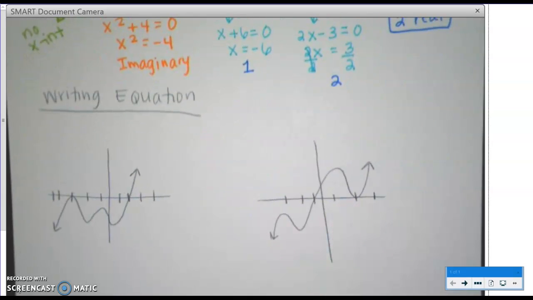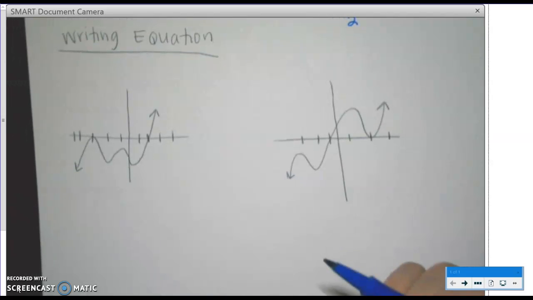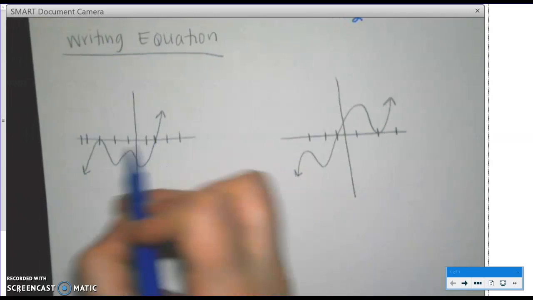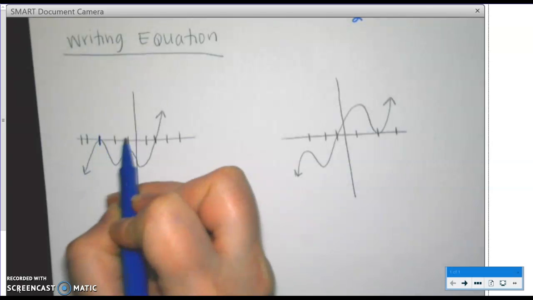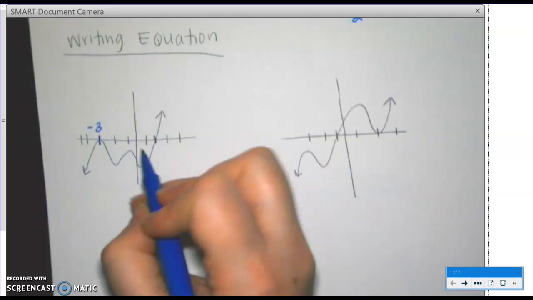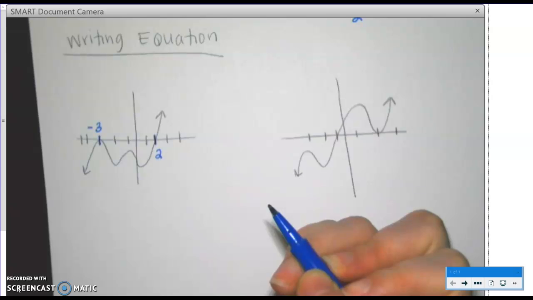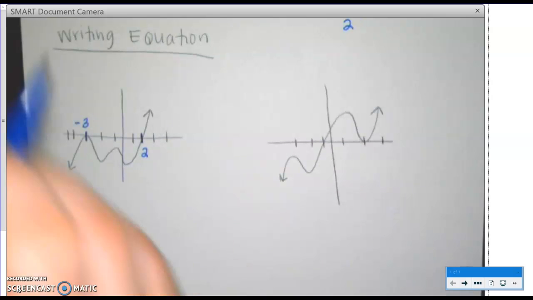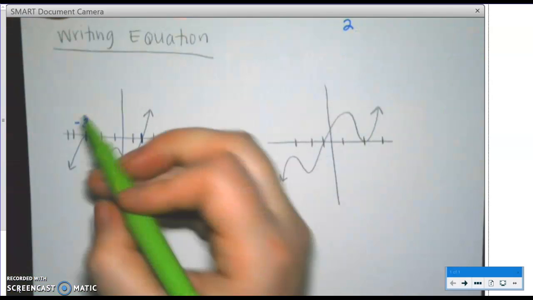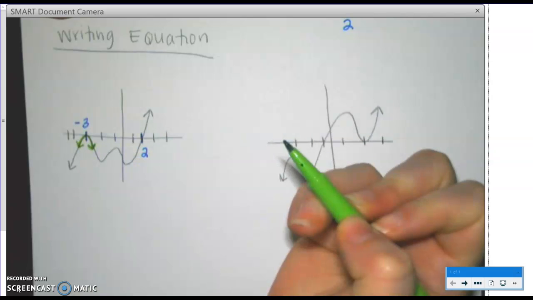All right, so next we're going to figure out what the factors are by looking at the graphs. So first I'm going to look at my x-intercepts. I have an x-intercept here at negative 3, and I have another x-intercept here at positive 2. We do have to take into account what it looks like, the multiplicity.